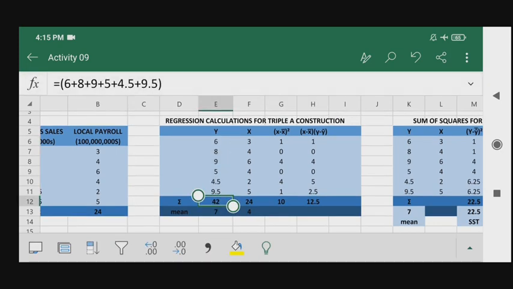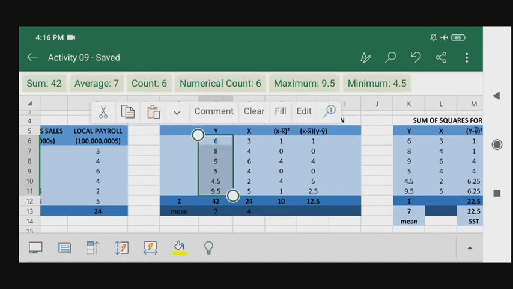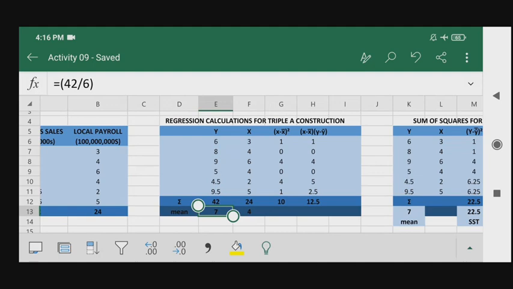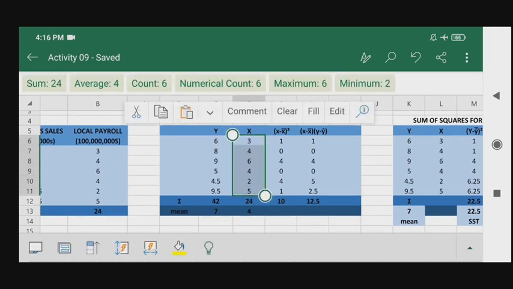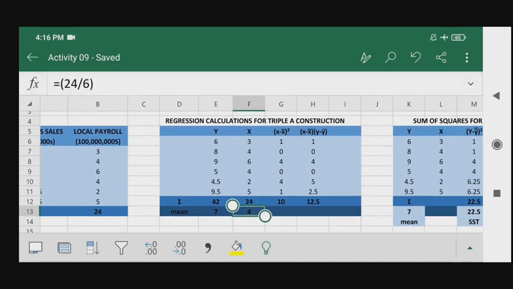And for x it is equals to 24, and for these it is equals to 10 and 12.5. The mean for y is 7, because 42 divided by 6 is equals to 7. For x it is equals to 4, because 24 divided by 6 is equals to 4.